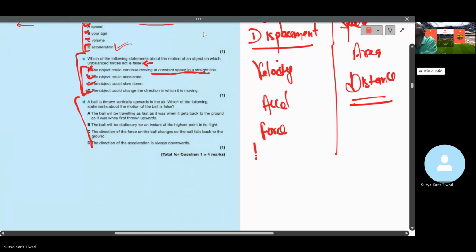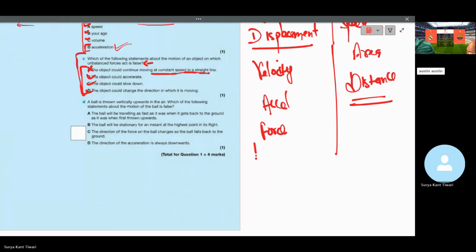Can you read the last one? If a ball is thrown vertically upward in the air, which of the following statements about the motion of the ball is false? The ball will be traveling as fast when it gets back to the ground as when it was first thrown up.